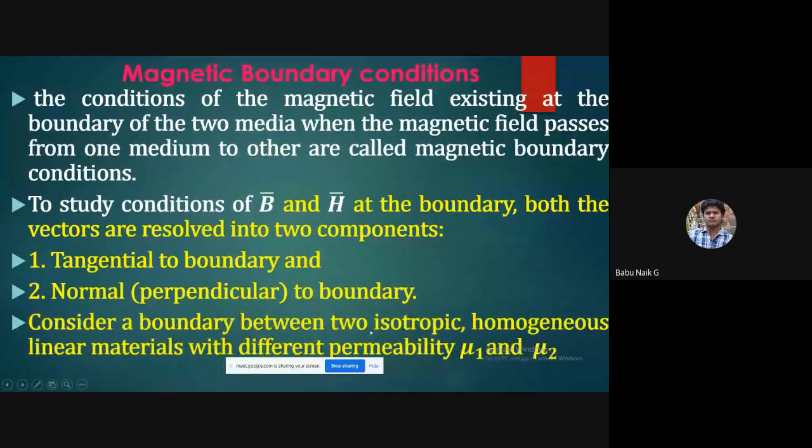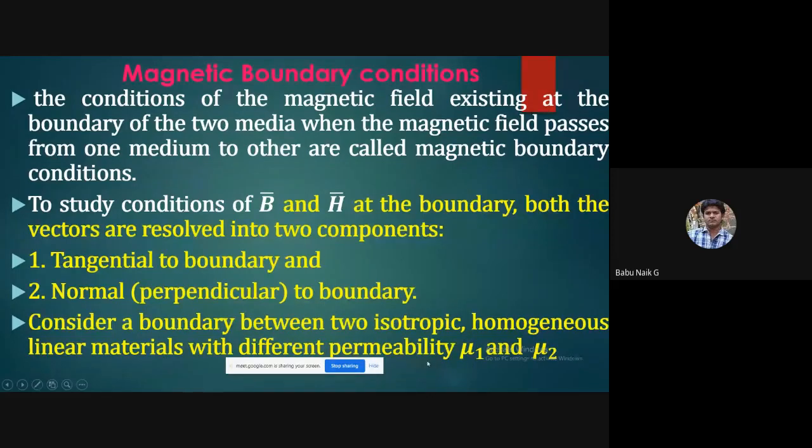Okay, so let us consider this boundary to be between isotropic, homogeneous, linear materials with different permeabilities, mu1 and mu2. So mu1 is in medium 1 and mu2 is in medium 2. For the boundary condition to be calculated, this needs to be considered: the material has to be isotropic, homogeneous, and linear.